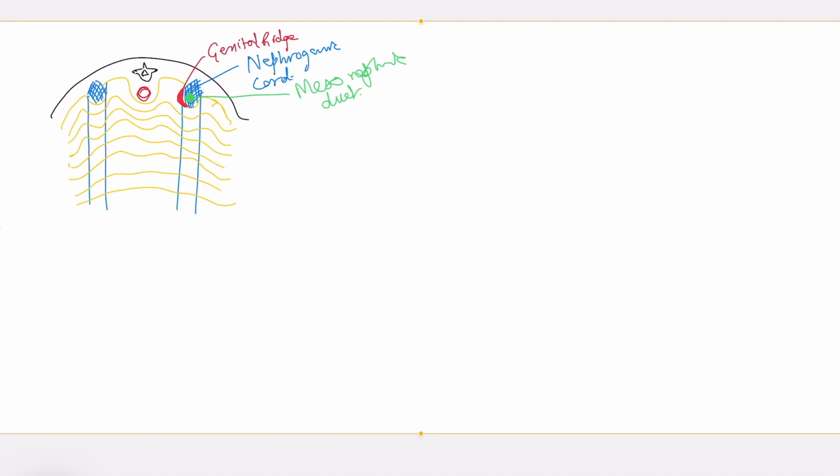So that's how you can understand now the derivatives of mesonephric duct are present both in males and females. The excretory pathway in both male and female, the ejaculatory pathway only in males. And this mesonephric duct in females will persist in the form of epiphoron, paraoophoron, Gardner's duct, right? That's within the broad ligament on the sides of this uterus.